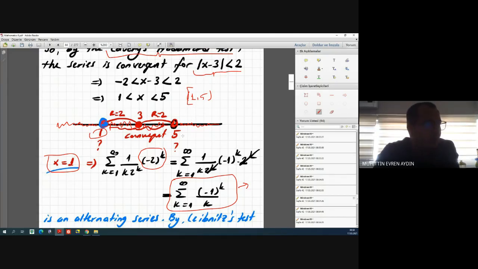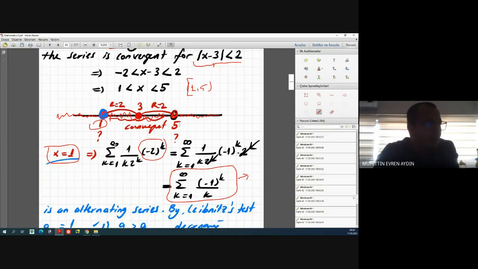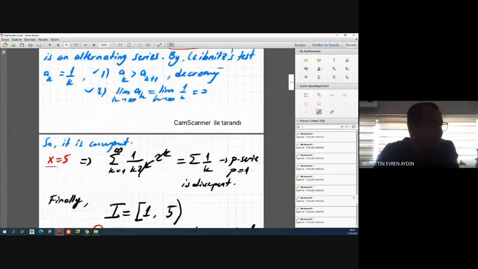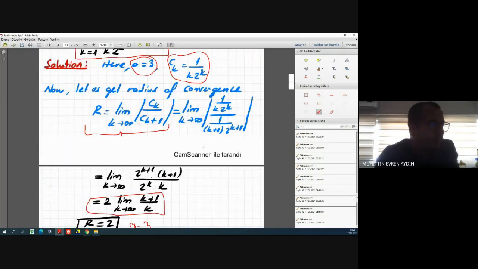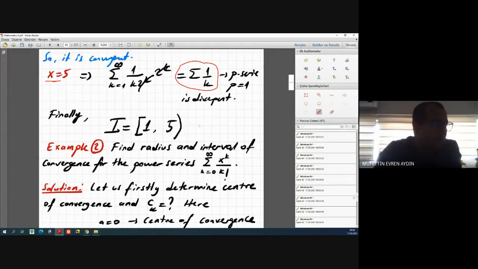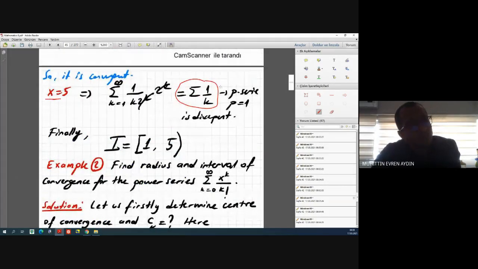Okay, and let's see what's happening at the point 5. If we replace x with 5, then we obtain such a harmonic series. By the way, we substitute 5 in this power series. So we have a harmonic series or p-series.